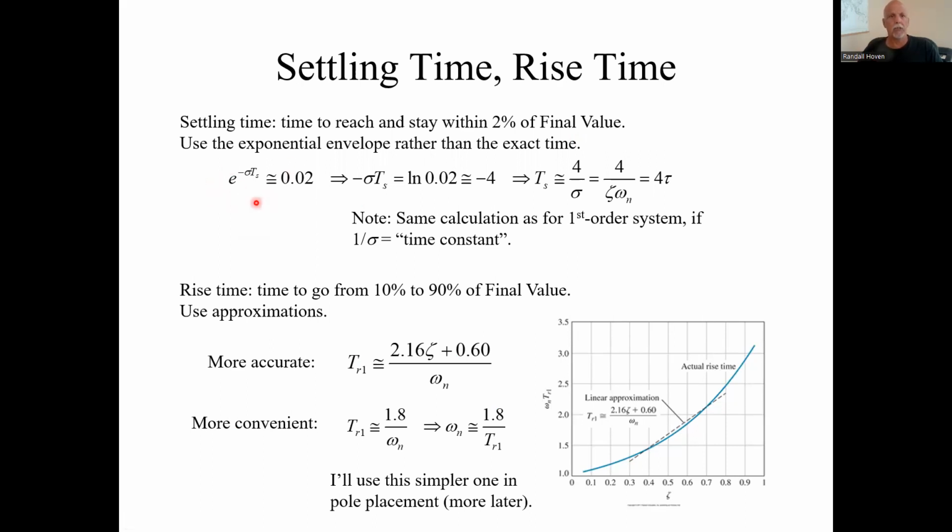So here's the settling time. Here's our spec, 2%, which says this relationship must be the natural log of 0.02, which is like minus 3.91. We'll call that close enough to 4.